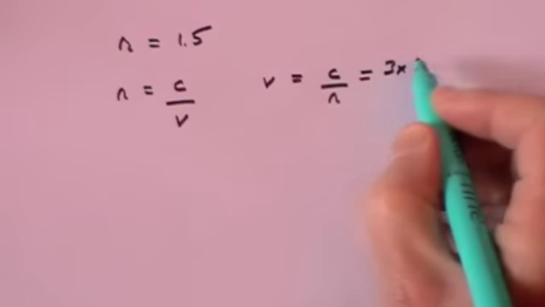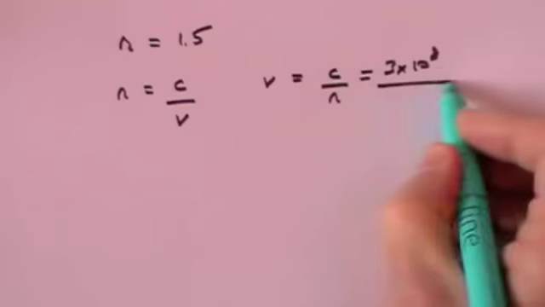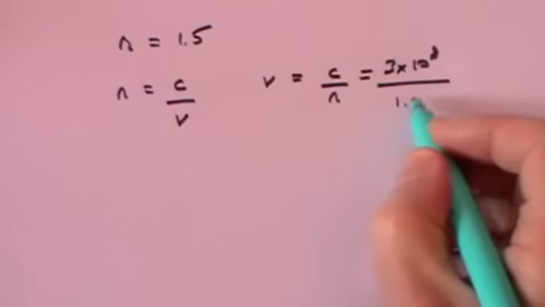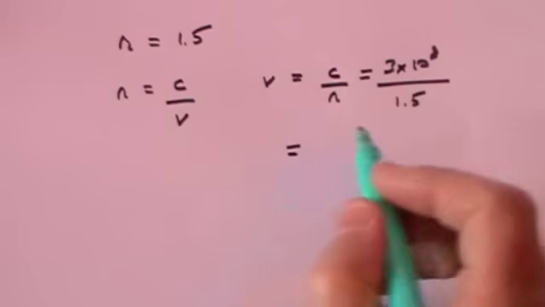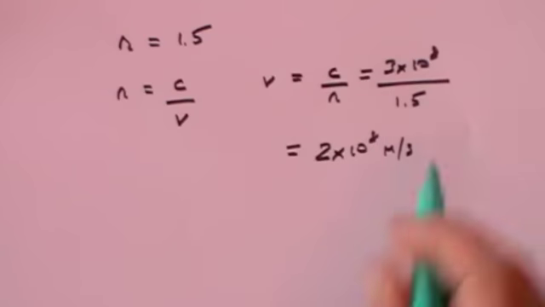That's 3 times 10 to the 8th meters per second, the speed of light in vacuum or air, divided by n, which is 1.5, and that gives you 2 times 10 to the 8th meters per second. So in glass, the speed of light is 2 times 10 to the 8th meters per second.